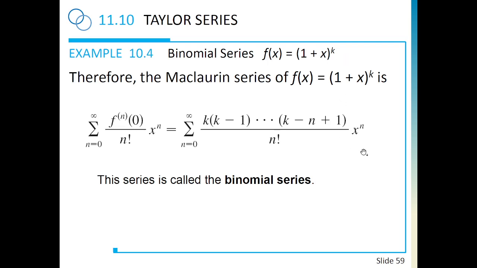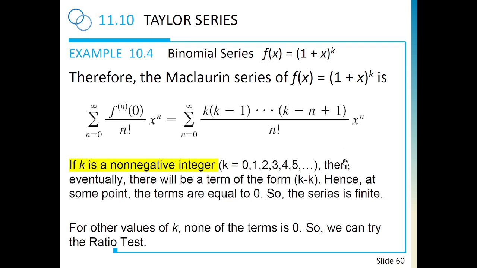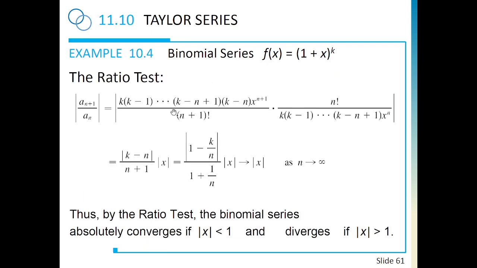Simple. Now if we need to find the interval of convergence, what do we do? We use the ratio test. It's not a big deal. The ratio test here shows that the series is convergent for x in absolute value smaller than 1. So that's it.